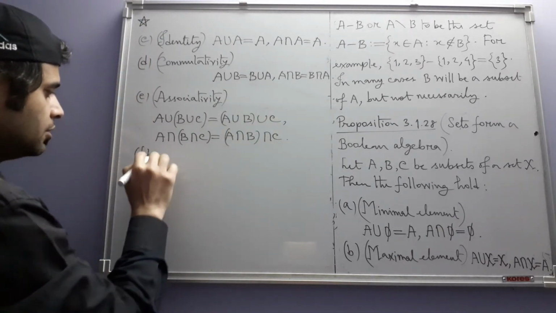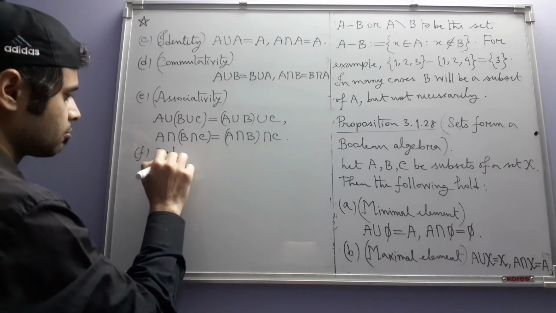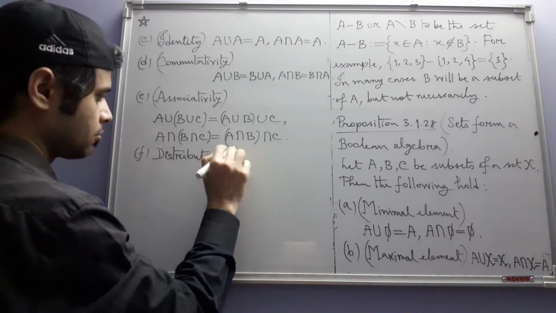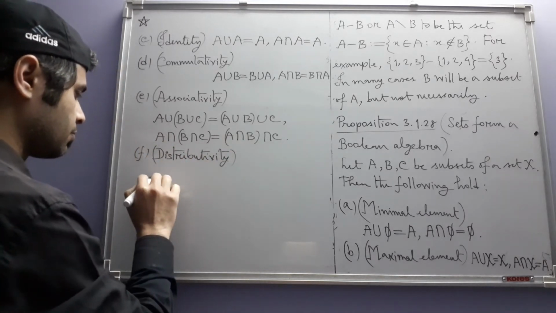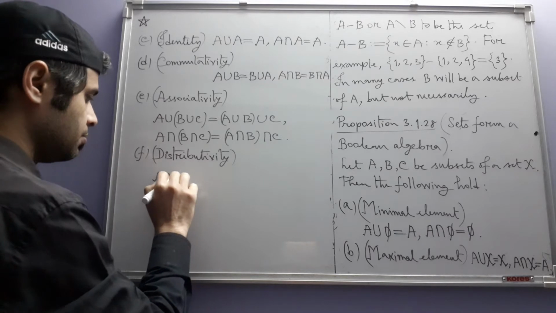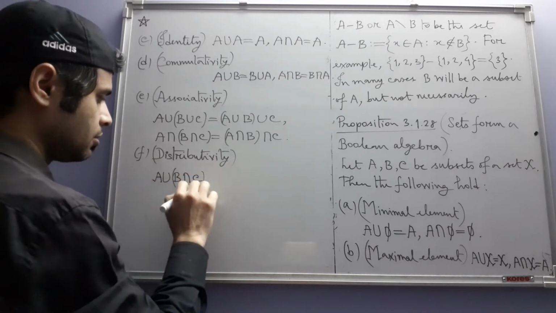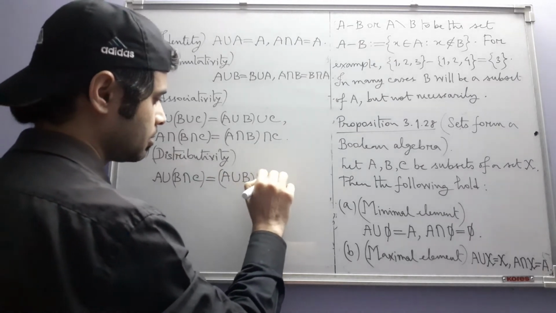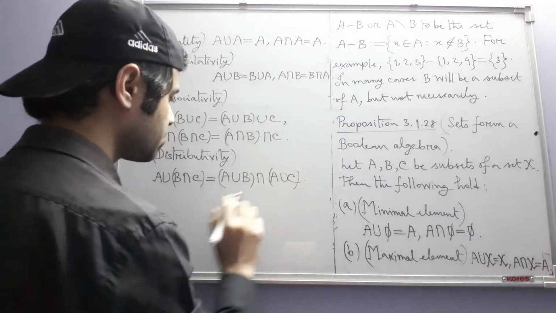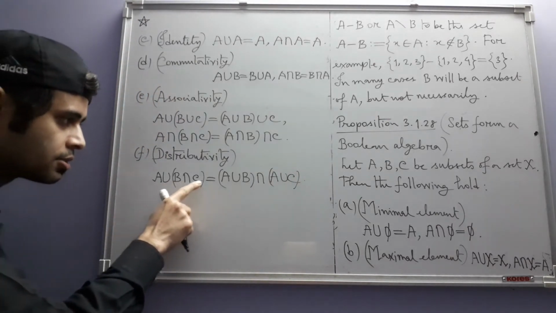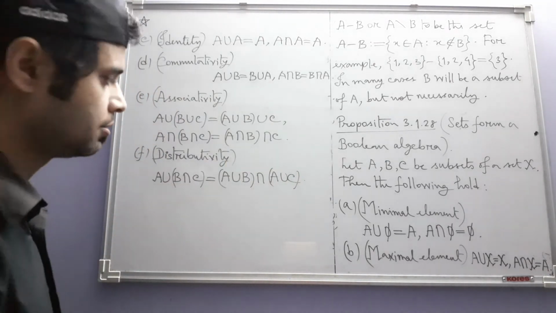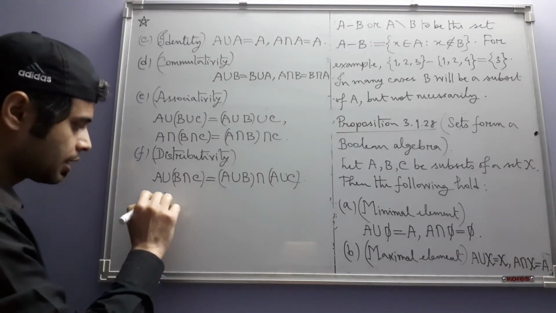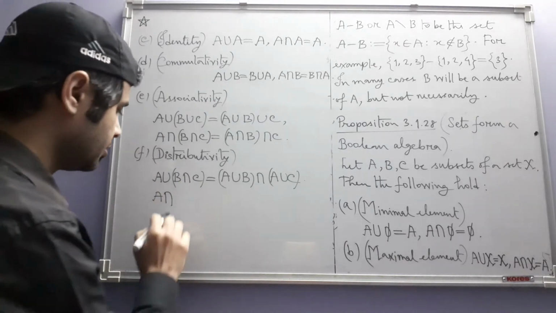Then distributivity. A union (B intersection C) equals (A union B) intersection (A union C). We express this by saying that union distributes itself over intersection. Just like that, we also have the other thing where we can interchange union and intersection.